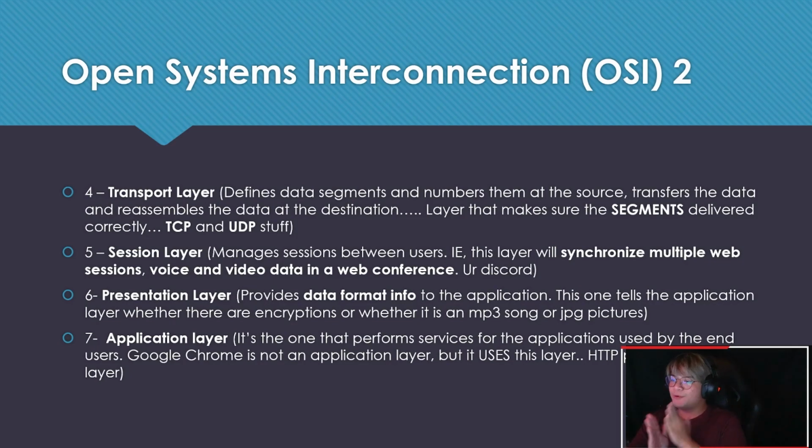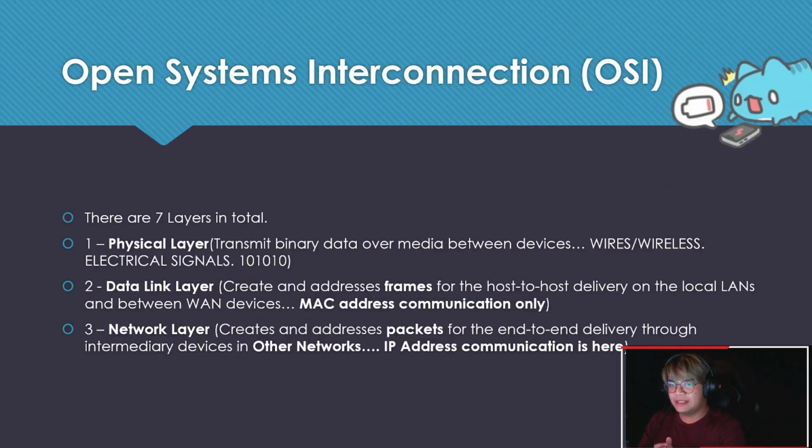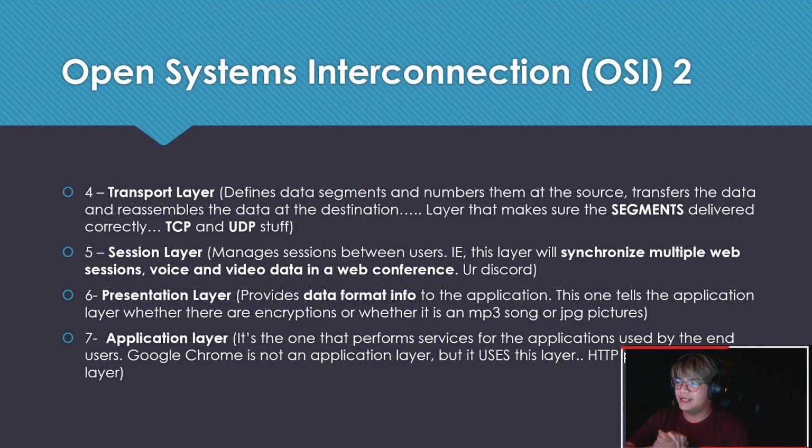Next are the transport layer, session layer, presentation layer and application layer. The transport layer defines data segments and numbers them at the source, so the data will not be lost while it is sent to you, to make sure, like, is this data the first puzzle, second puzzle, third puzzle, so you can combine them together and make sure what's sent to you looks proper. So it is the layer that makes sure the segments are delivered correctly.